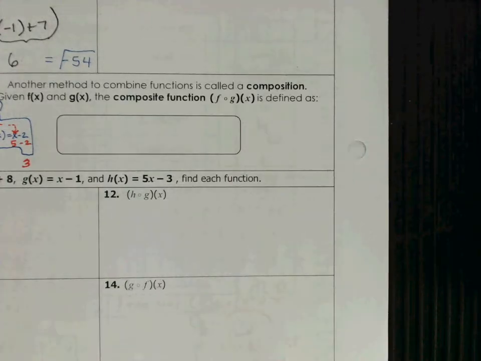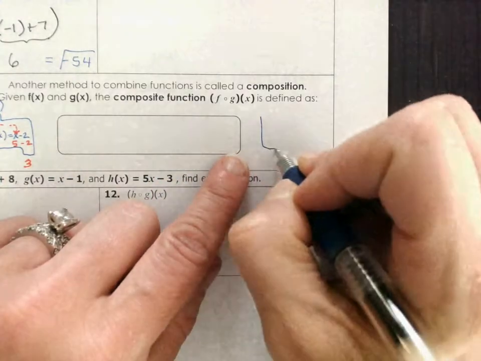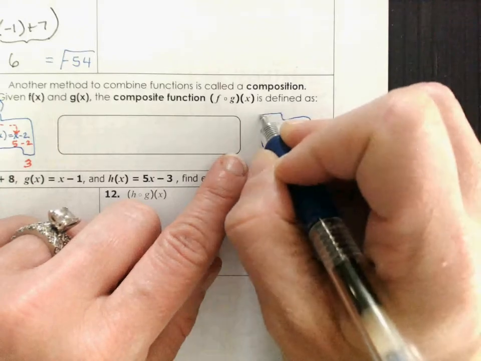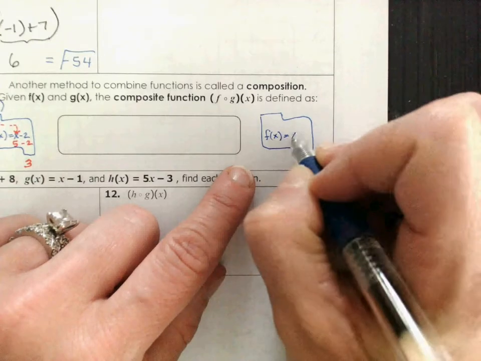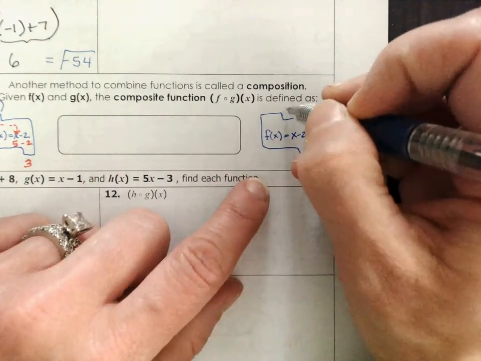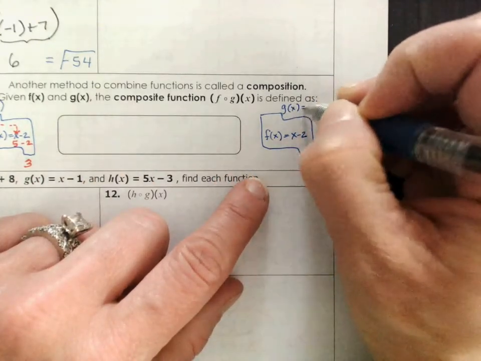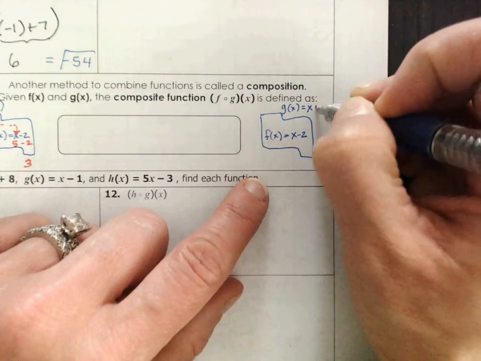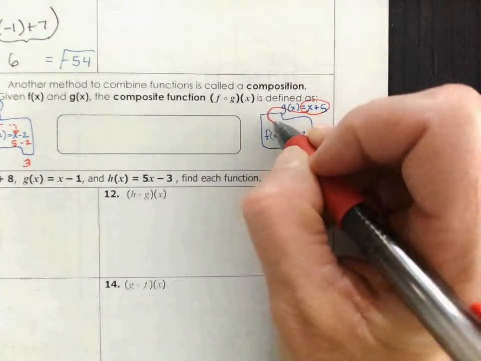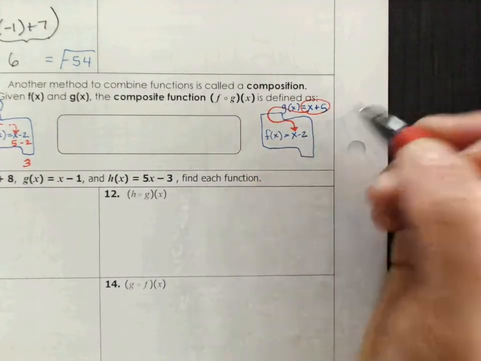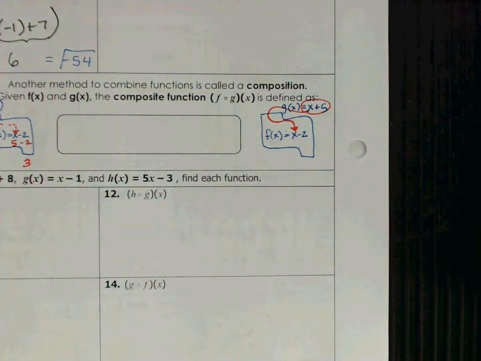So now what I can do is, if I have a function machine, and I have my little f of x right here, and let's just say that I have this g of x, which equals x plus 5, then I can take my little g of x function, and if I wanted to put my g function in my f function, then wherever I see an x in the f function, I'm going to put that whole thing in its place.